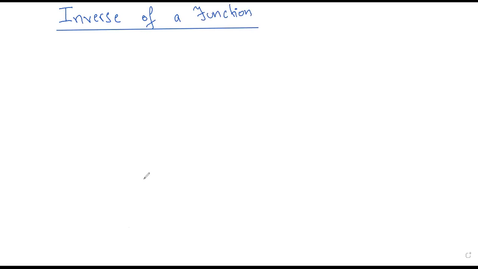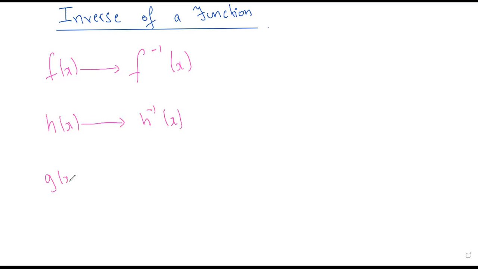Okay, so we define inverse of a function this way. F inverse x. If f of x is a function, its inverse would be defined this way. If h of x is a function, its inverse would be defined this way. If g of x is a function, its inverse would be defined this way.